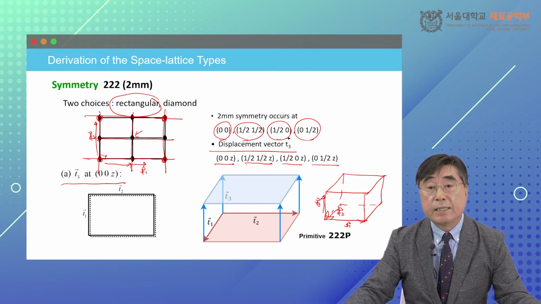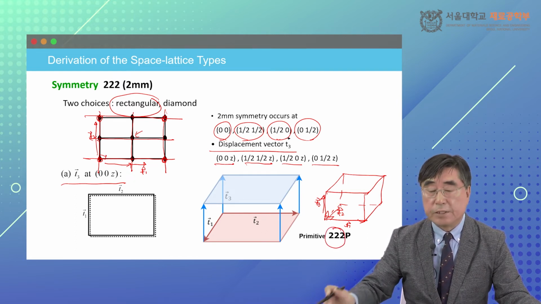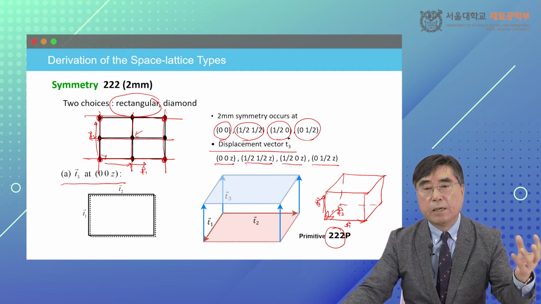So another crystal system is defined, which is 222, the orthorhombic crystal system. The orthorhombic crystal system has 3 axes of any magnitude, but all these 3 axes should be perpendicular to each other.